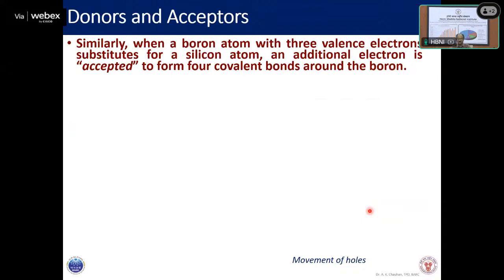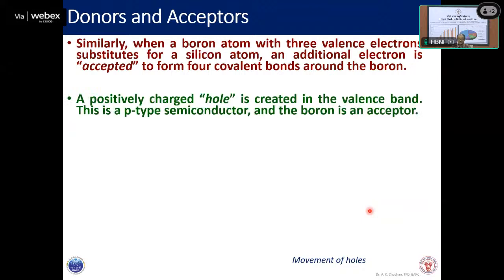Now what will happen? Boron has 3 electrons and all silicons have 4 electrons. So the 3 electrons will be bonded. However, there remains an additional electron which can be accepted at that site to make 4 covalent bonds.